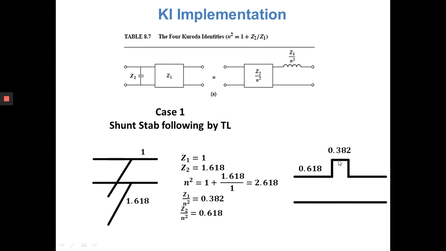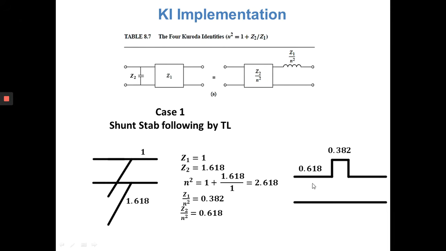Now how will this come here and this go here? So this will become a series stub and this will come here and become a transmission line. How? When we are calculating this one, we need to use this value. I told you that if you are in a shunt and want to convert it to series, you need to always divide it by n square.